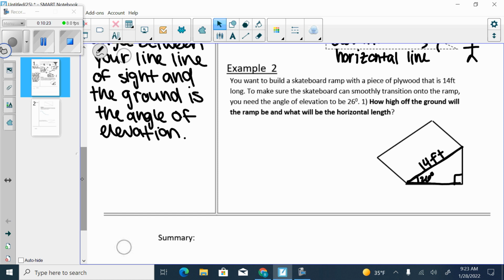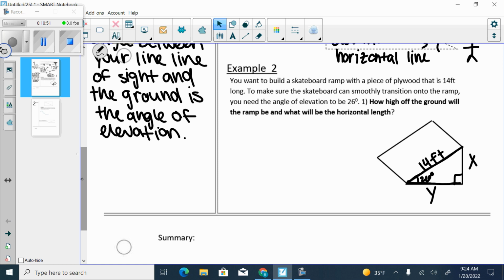So we know this angle's 26, this angle's 90, that one's 14, and then they asked us for two things. How high off the ground you're going to be. Well, which one of these two sides would measure the height? The vertical one. We'll call that x. And then how long the ramp will be would be the bottom, right? Okay. So we just need to solve for x and y.